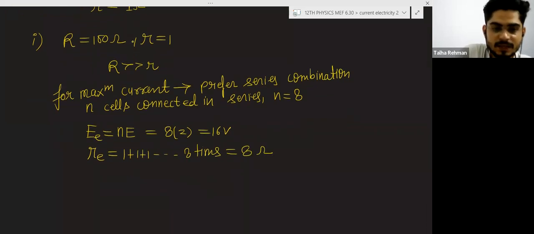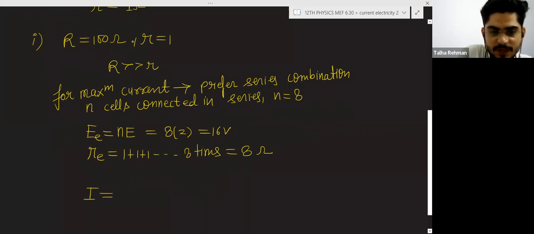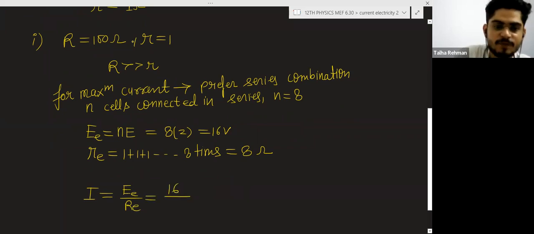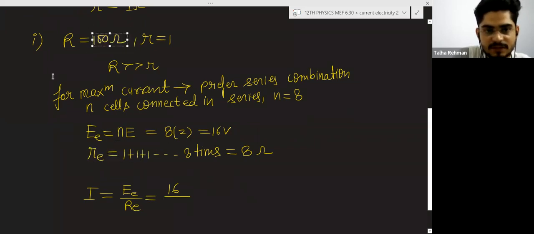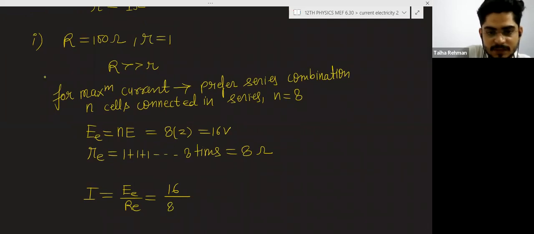Okay, and R we already have. So what is the current? Current will be E equivalent divided by R equivalent. What is E equivalent? This is 16. And what is R equivalent? R equivalent is equal to the internal resistance plus this external resistance, meaning 8 plus 100. So this will become 16 divided by 108 ampere.